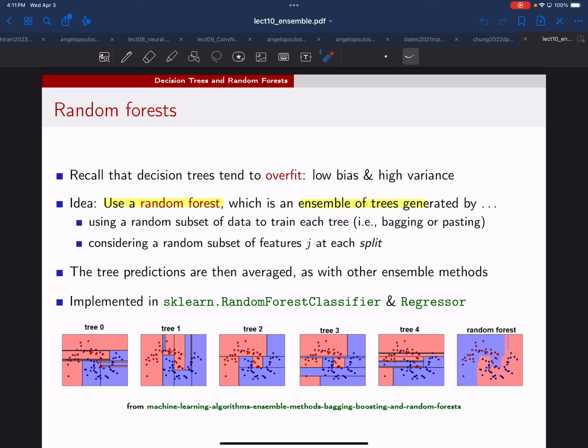A random forest is a collection of individual trees that on their own, typically when you do this, you make them really simple. So maybe the depth is small. You randomize the data that you give to each tree. Maybe you randomize the features that each tree sees.